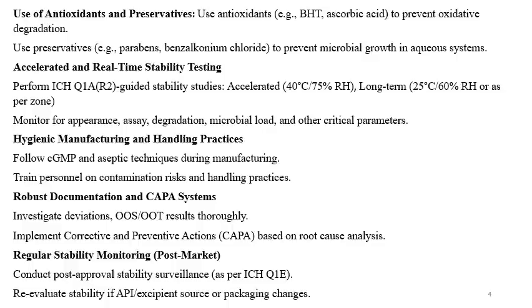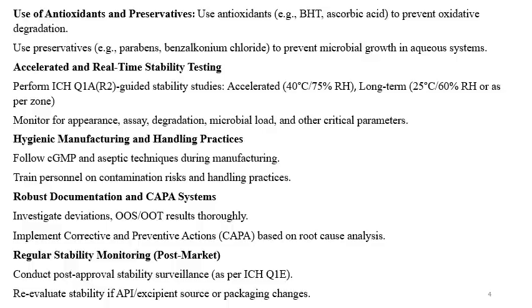So always perform the real-time stability testing, intermediate stability testing and accelerated stability testing as per the requirements and the product nature. Monitor the stability batches for all the CQAs like appearance, degradation products or impurities, microbial load and other critical parameters like disintegration and dissolution.